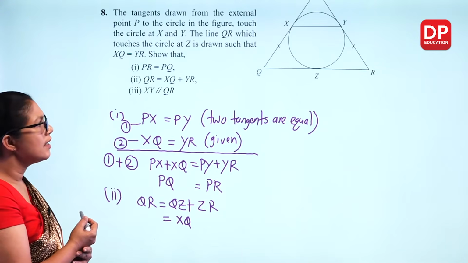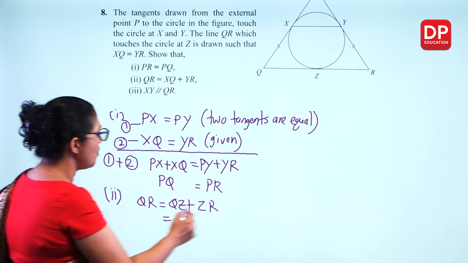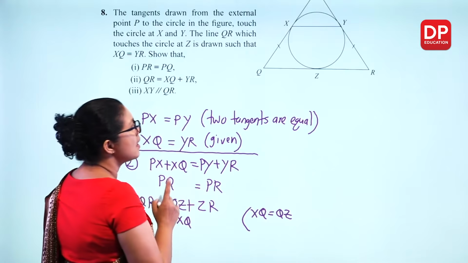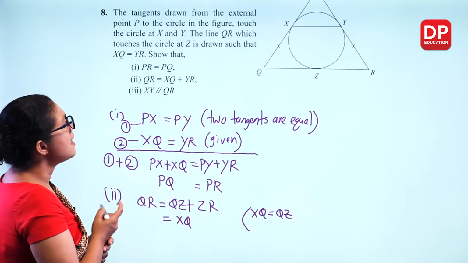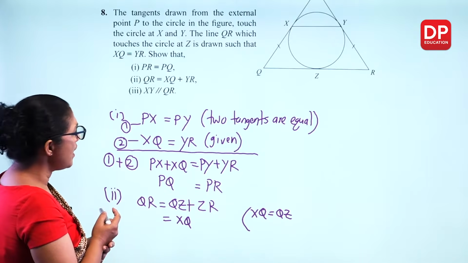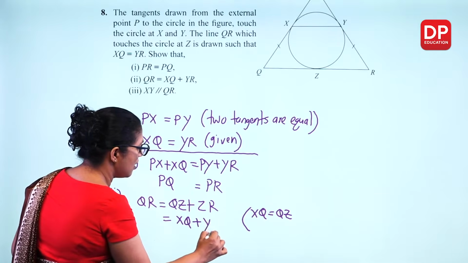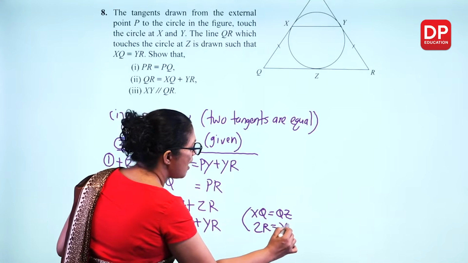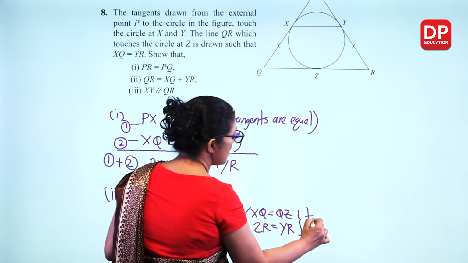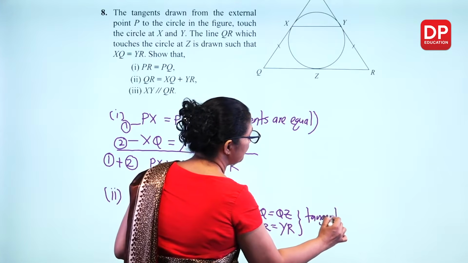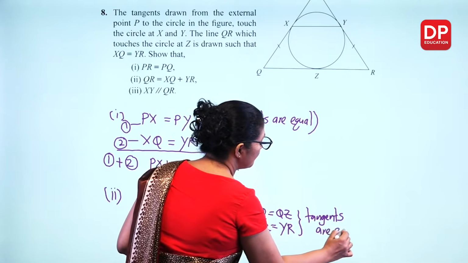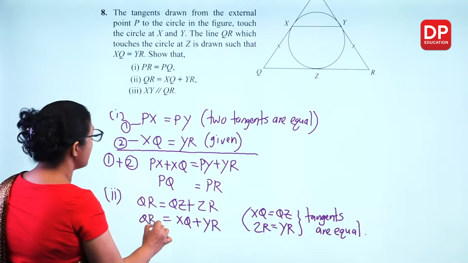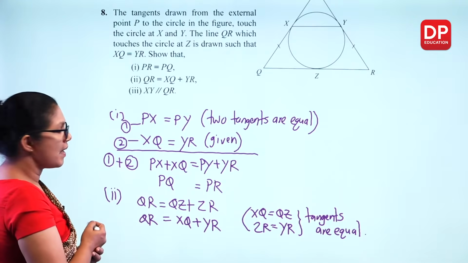Two tangents are equal. XQ is equal to QZ. Instead of ZR, what can I write? YR. Because ZR is same as YR, tangents are equal. So you get QR equals XQ plus YR.